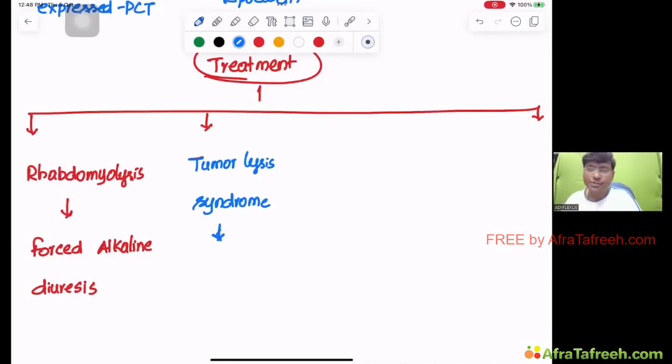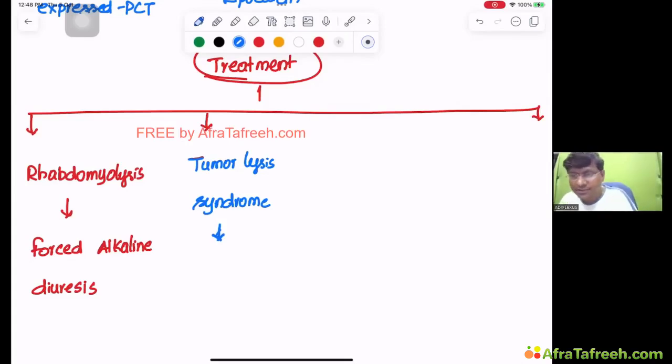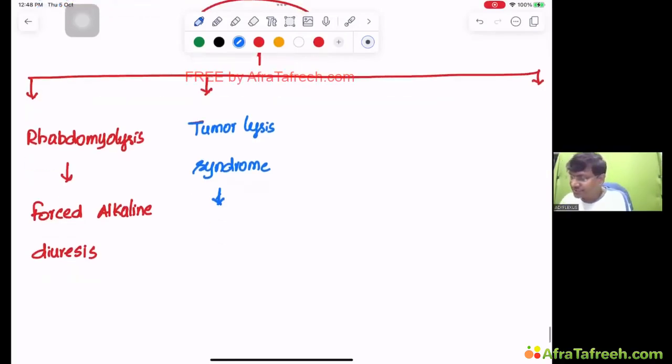So tell me some examples of uricosuric agents. Very good, Rohita. Probenecid. Apart from probenecid, rasburicase. Very good, Soumya. So the drug you need to give in these patients is rasburicase.